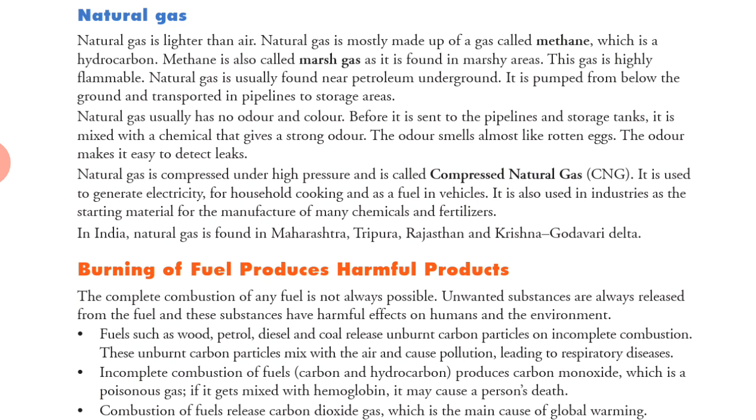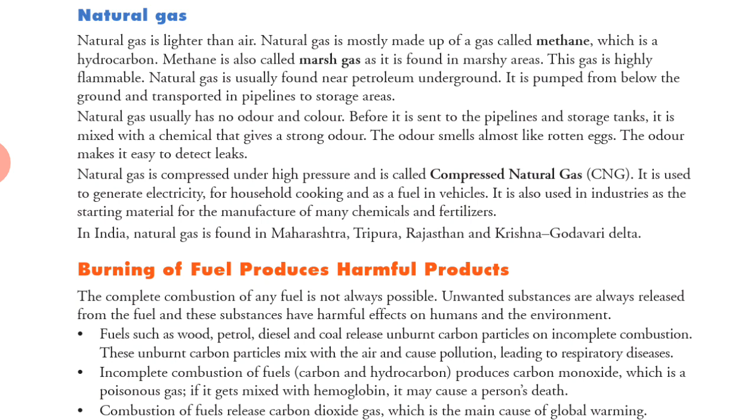Natural gas usually has no odor and color. Before it is sent to the pipelines and storage tanks, it is mixed with chemicals that give it a strong odor. The odor smells almost like rotten eggs. The odor makes it easy to detect leaks.